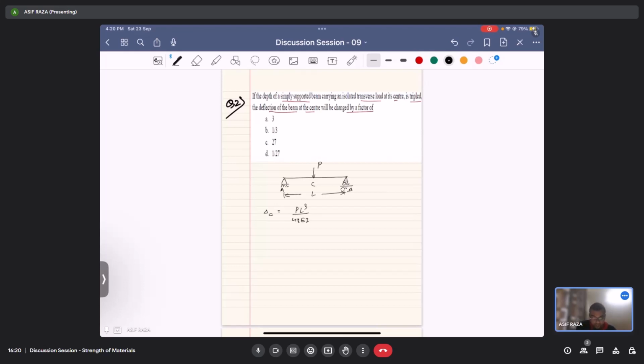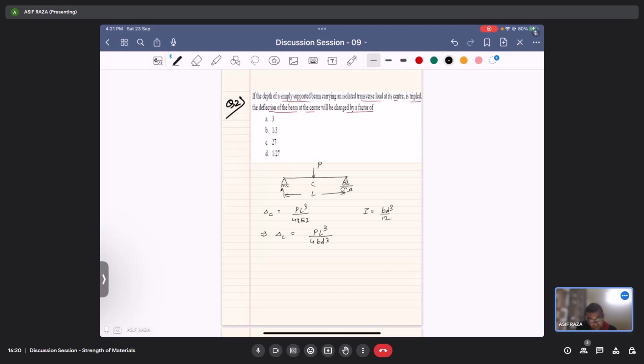And I is equal to, for this case, suppose I take the standard case, a rectangular section, so bd cube by 12, and this can be simplified as PL cube upon 4 bd cube.